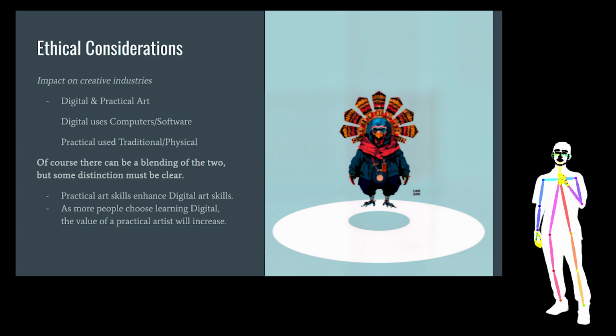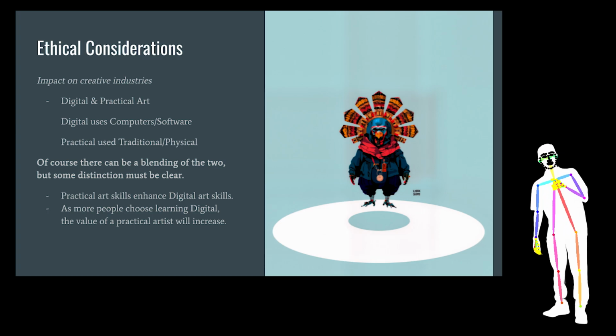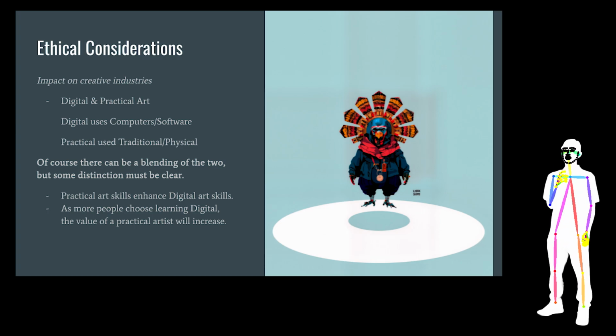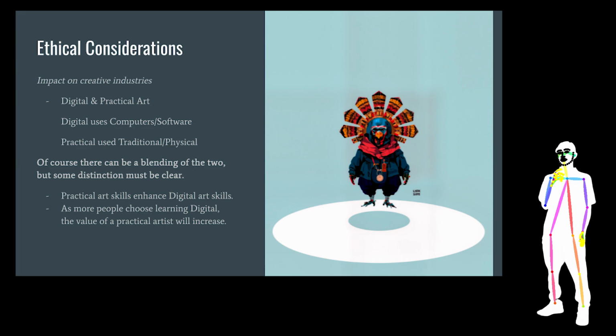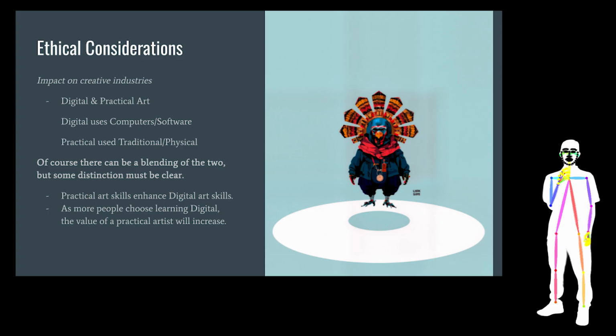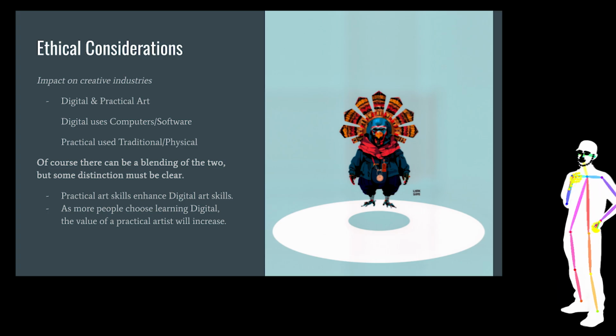I've been working in this field now for nearly 3 years, and I don't really see AI as its own thing. I think you have digital art, which is using a computer, and then you have practical art, which is more traditional or physical, okay? If you look in film, that's how they determine it. You have practical effects, and you have digital effects.